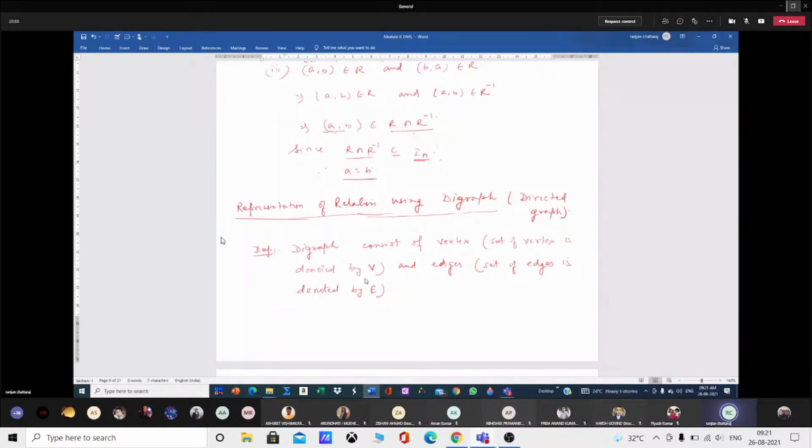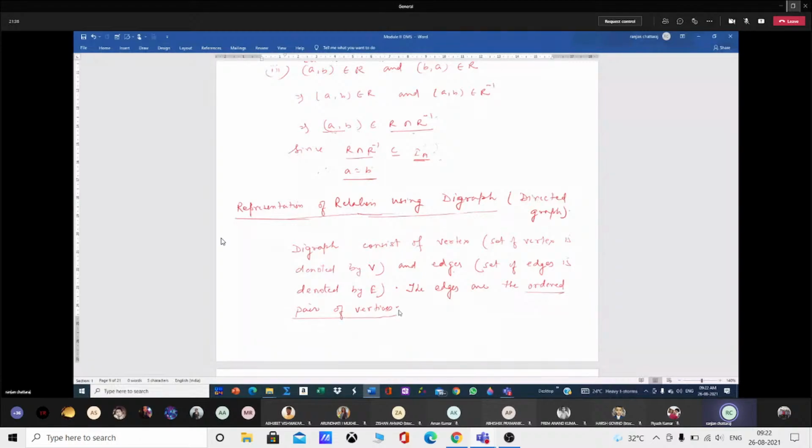The diagram consists of the vertices and edges, and edges are the ordered pairs. This is important: an edge is an ordered pair of vertices.